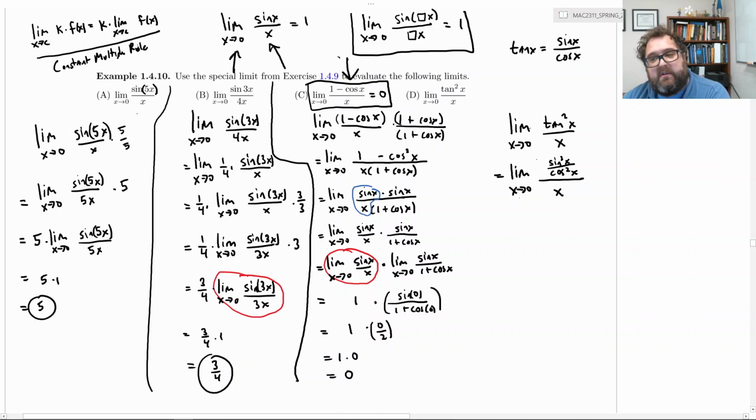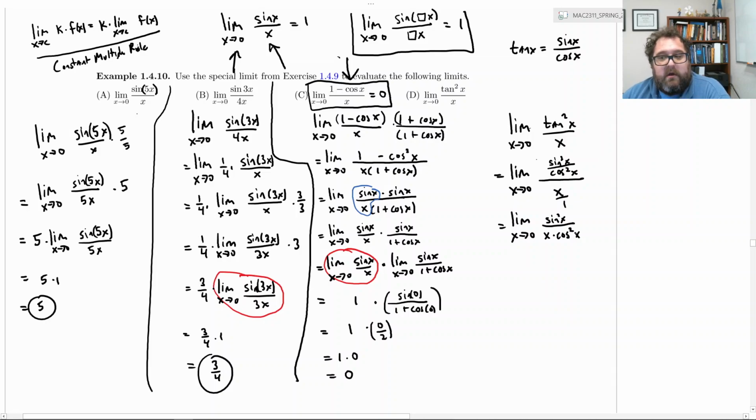But now if we want to get rid of this compound fraction business, we can write this as the limit as x goes to 0. Okay, dividing by x, that's like dividing by x over 1. So you have a fraction divided by a fraction, you flip the divisor and multiply. So that means we end up with sine squared x over x times cosine squared x.